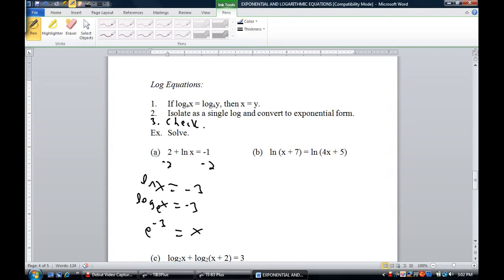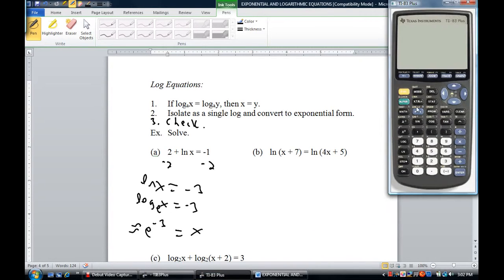That's the exact answer, and that is a final answer for a lot of people, but if you want a decimal approximation, we can just type in e to the negative 3 power. Turn on your calculator. That always helps. You can write down 0.05 as the approximation.